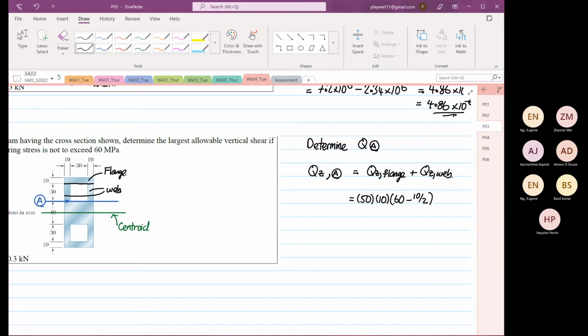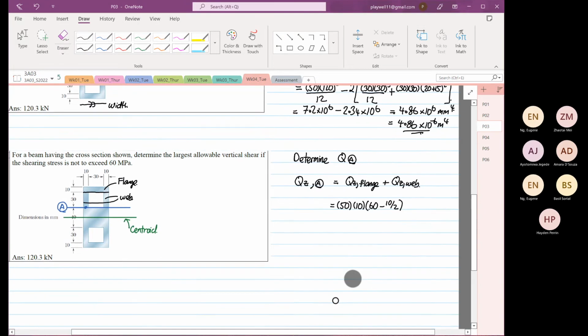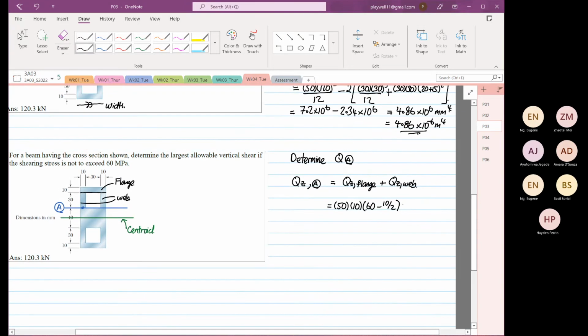Let me check again. Width is 50, depth is 10, centroid is 60. So 20 plus 30 plus 10 is 60, then 10 divided by 2. Then plus, you have two webs, so you need to put a 2 in front.